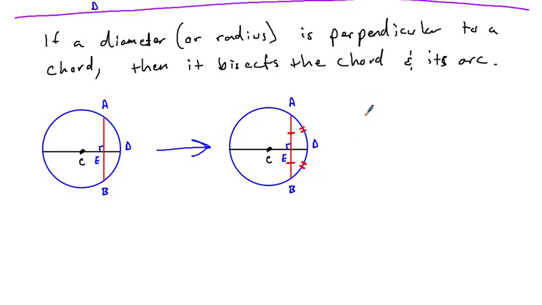Anytime that the radius or the diameter is perpendicular to the chord, it bisects the chord, so AE is congruent to EB, and it bisects the arc, so AD is congruent to DB. Not real tricky, just something, again, we have to recognize.